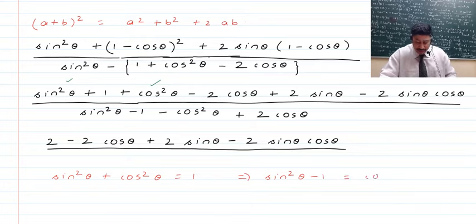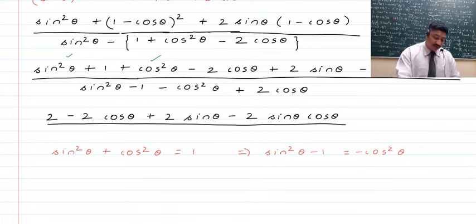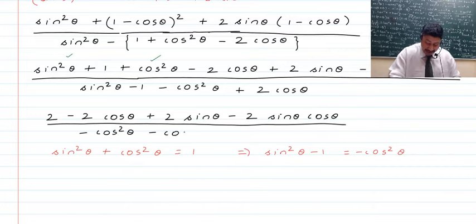It will become equal to minus cos square theta, as cos square theta is to be taken to the other side. So this is the value that we are going to replace here. As such, in place of sine square theta minus 1, we will have minus cos square theta in the denominator. So we have minus cos square theta, and to that is added minus cos square theta and plus 2 cos theta.